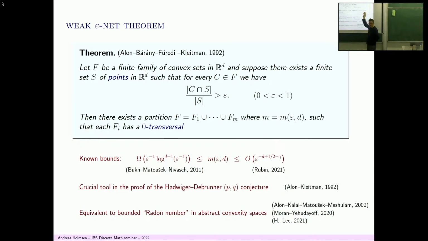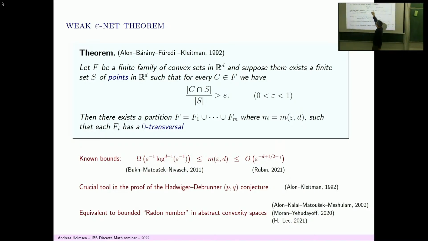So this is a rather deep property. It has a lot of applications. And there is a combinatorial analog, which you may know, called the epsilon net theorem for hypergraphs with bounded VC dimension. And here, this is for convex sets and points.